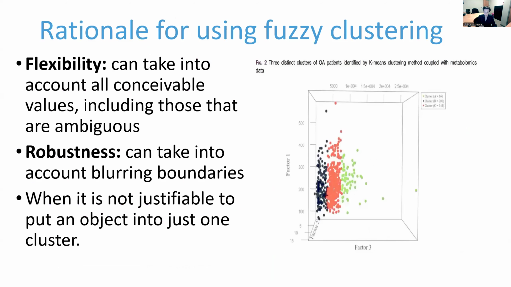So let's think about why fuzzy clustering. Now I wanted to go back to the example that we discussed a few minutes ago, clustering and endotypes. Remember that there are more than 600 OA participants, so in some situations it is a luxury, for example, if the biomarkers are expensive or if you study a very rare disease.